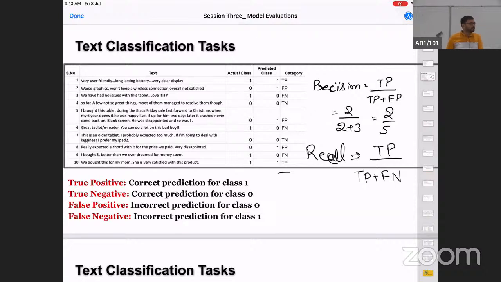What would be that value? It is going to be 2 by 5.